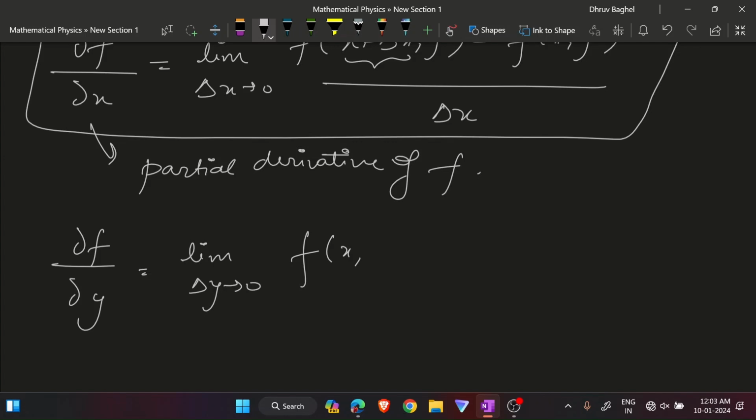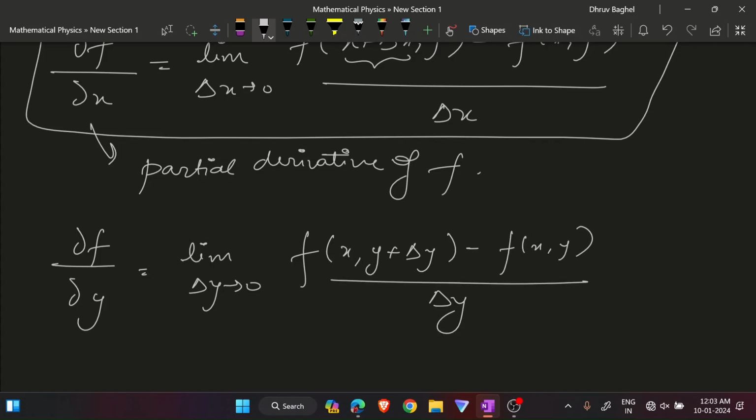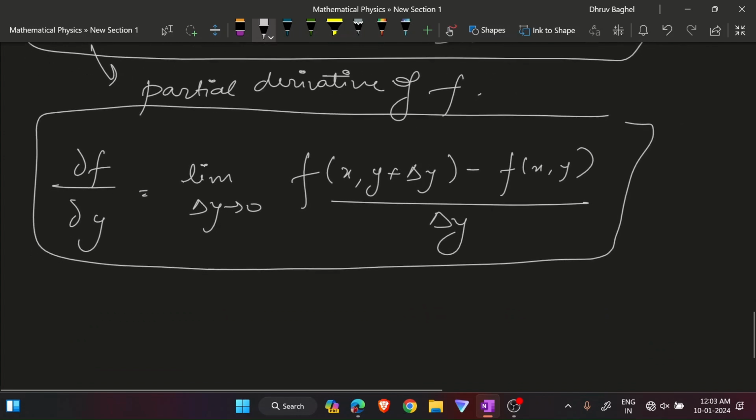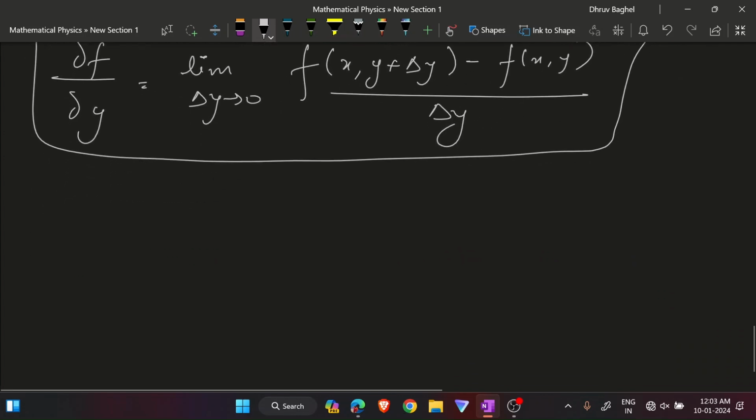This time we increment y. Same way we can define higher derivatives of it.